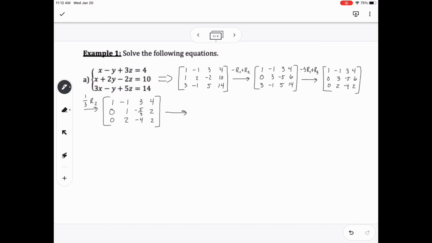It's a 3 to begin with, so I multiply by 1/3. That makes everything else change. Then I want the thing below that 1 to be a 0, so that 2 needs to be a 0. I multiply the second row by -2 and then add it to row 3, which changes the other columns.